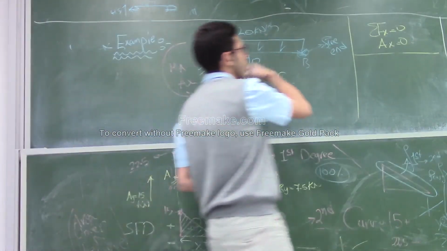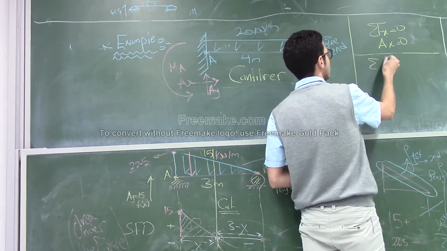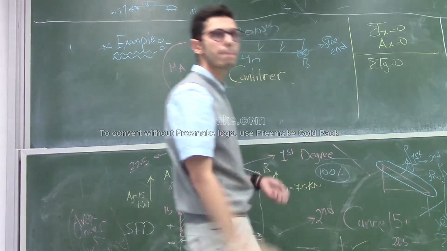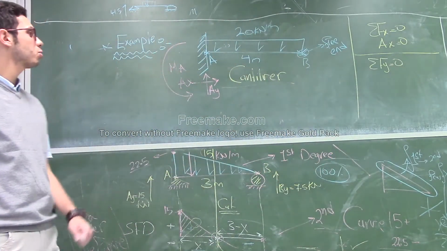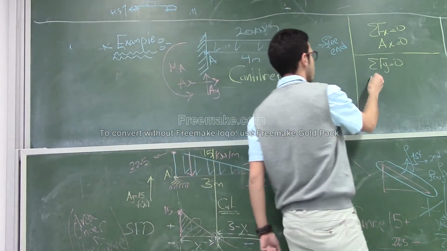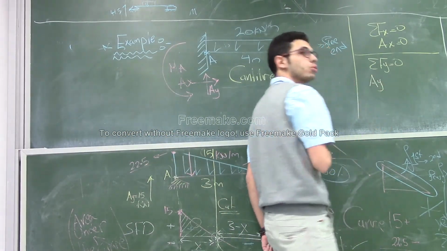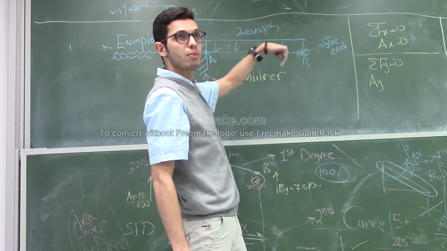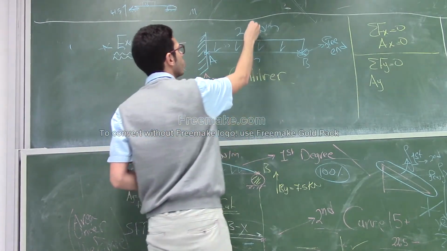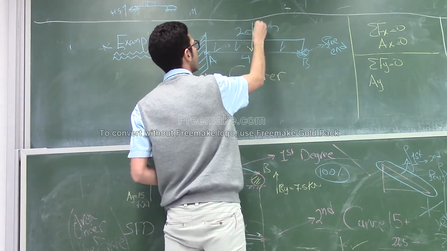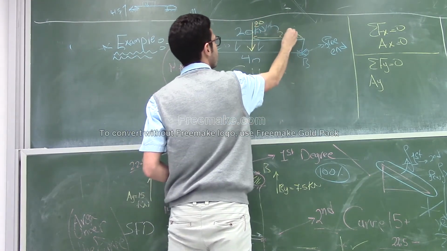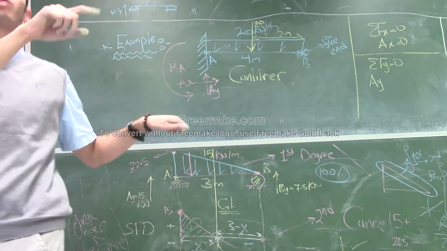Now, let's go to the forces on the y. The summation of the forces on the y should be equal to 0. What are the forces on the y that we have? We have AY upward, right? What do we have also? We have the distributed load here. It's 20 multiplied by 4, which is equal to 80. And the distance is 2 meters from each side, because it's rectangular, right?